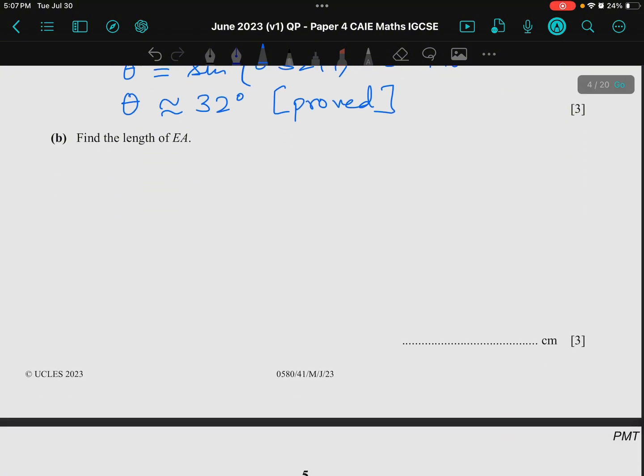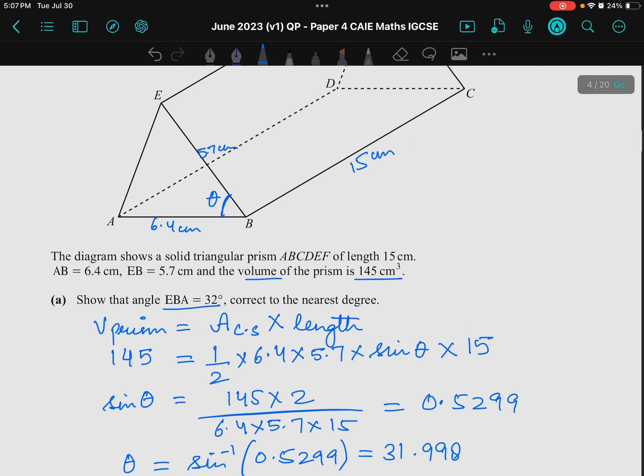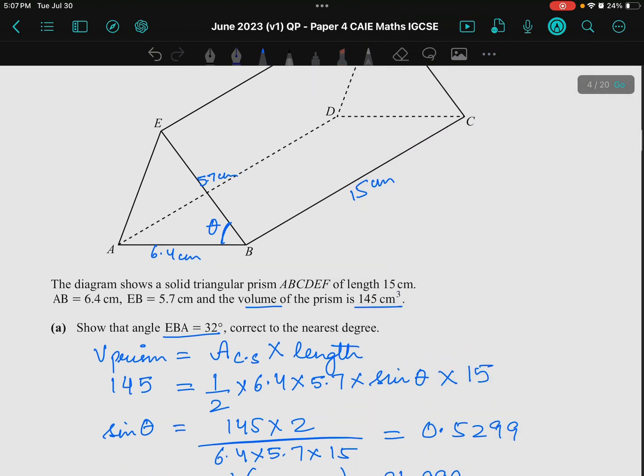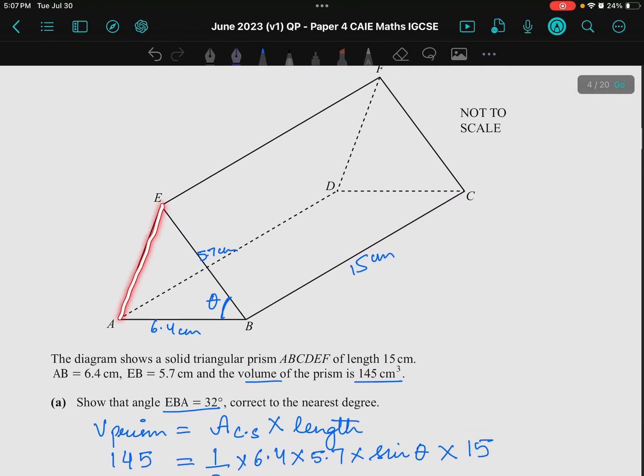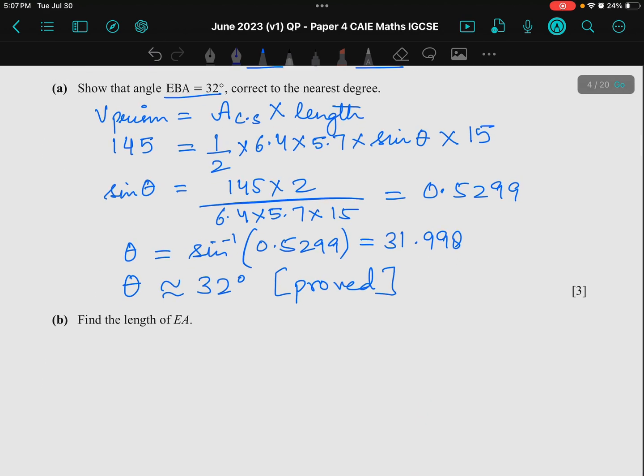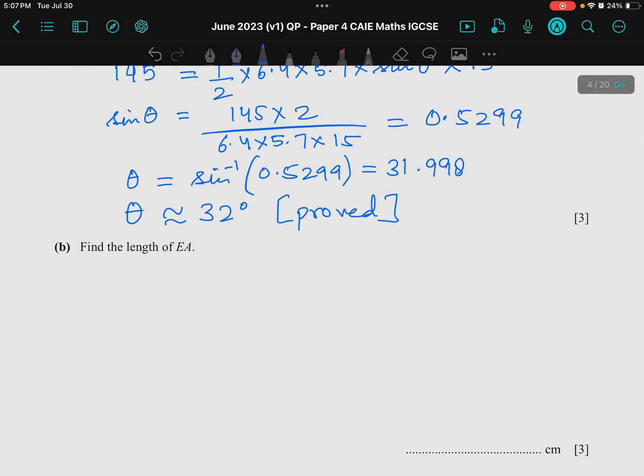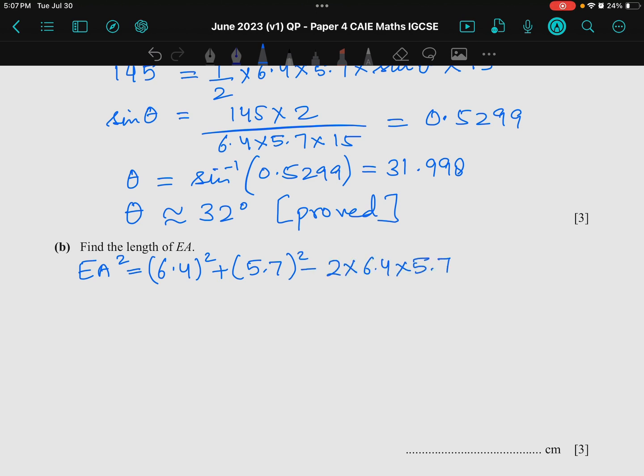Now find the length of EA. Okay, you have to find this length E to A. Using the cosine rule, you can find the length EA. So coming to part B, EA squared is equal to 6.4 squared plus 5.7 squared minus 2AB, that is 6.4 multiplied by 5.7 cos of 32 degrees.